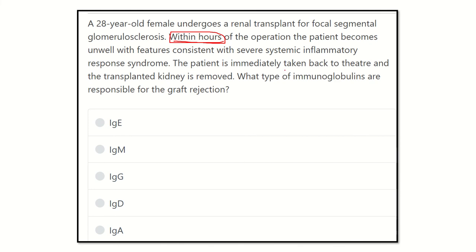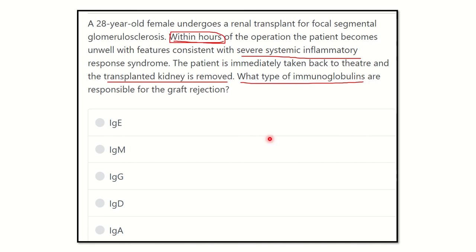The patient is immediately taken back to the theater and the transplanted kidney is removed. What type of immunoglobulin is responsible for the transplantation failure?